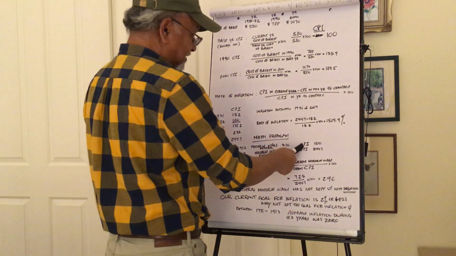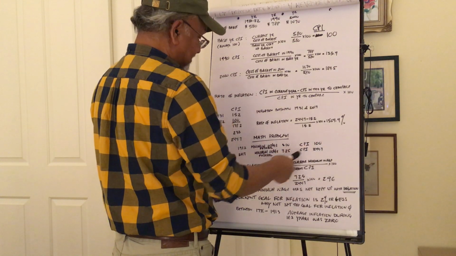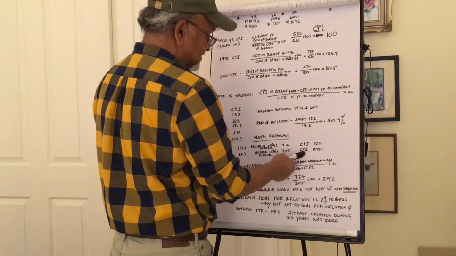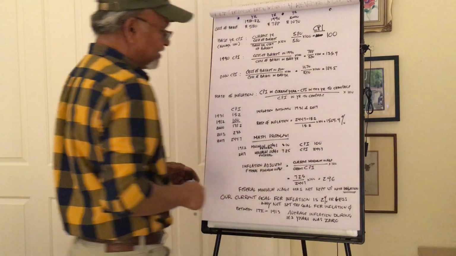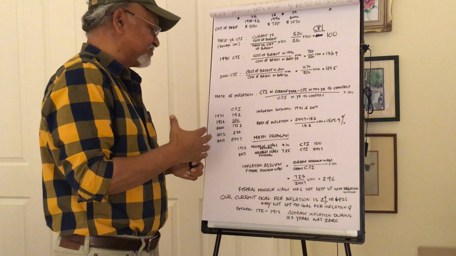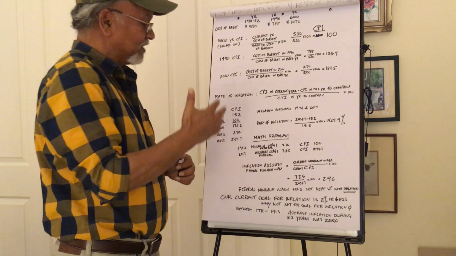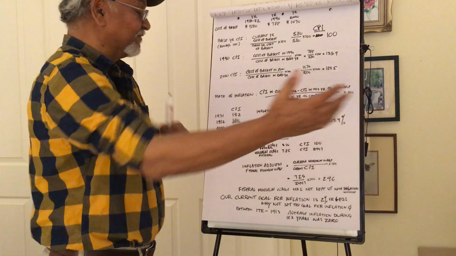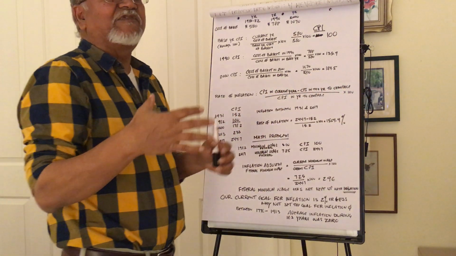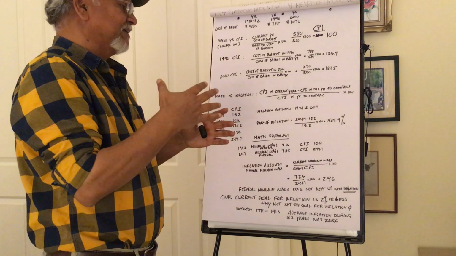Okay, the CPI was 100 in 1982, that's the base year. In 2017 it is 244.7. So now our goal is to figure out, federal minimum wage was 3.10 in 1982. It has gone up to $7.25. But the price has gone up also. So our goal is, has the federal minimum wage kept up with the inflation?